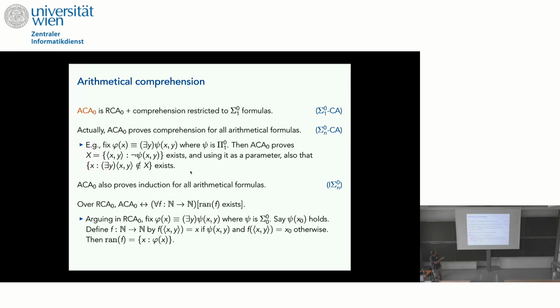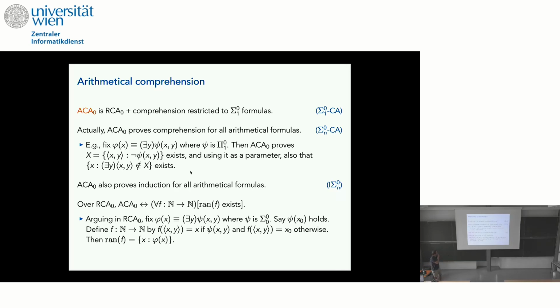And now you can use this set as a parameter to define the set of all x such that there exists a y where x, y is not in that set. And that is the set you want. That's exactly the set defined by phi. Then you can do this inductively, in the real world, for 2, 3, 4, 5, etc. For the actual numbers 2, 3, 4, 5.